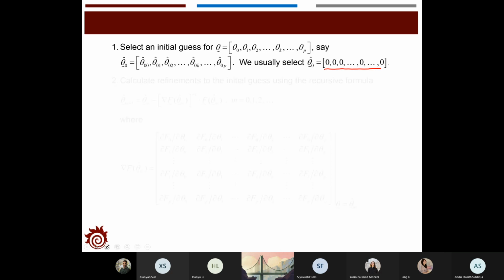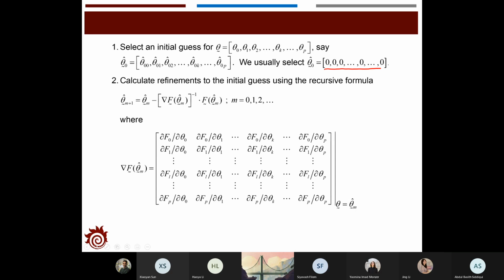Then in the next step, we apply these iteration equations to keep updating the value of theta. We have to find the expressions of f(theta) and the partial derivative of f(theta), and compute this matrix based on the initial guess of theta, that is 0, 0, 0.